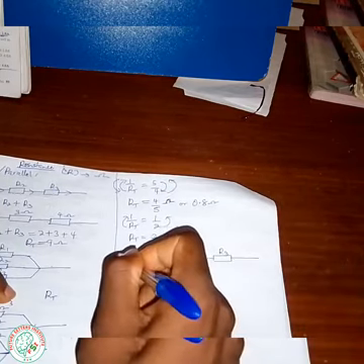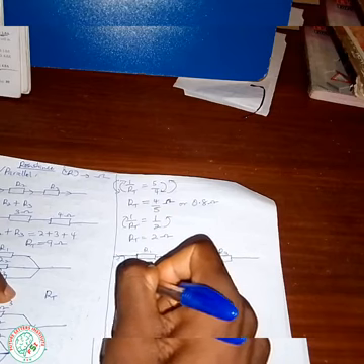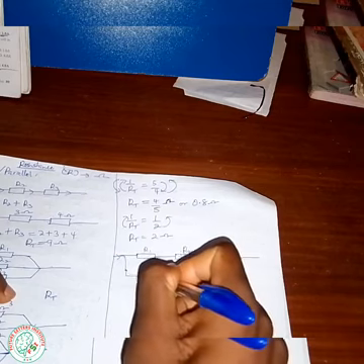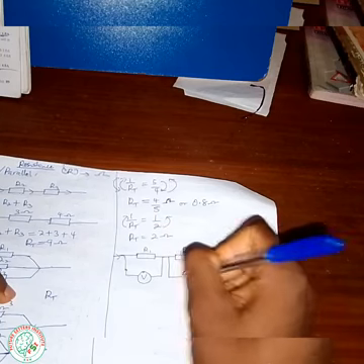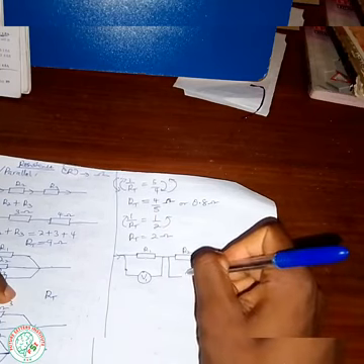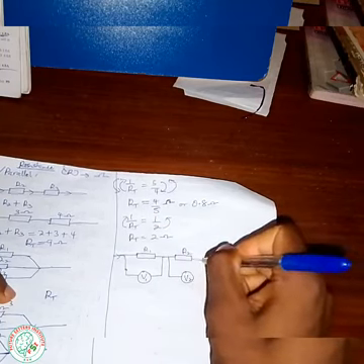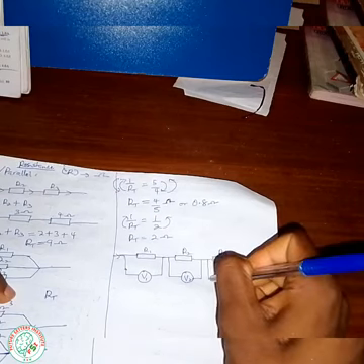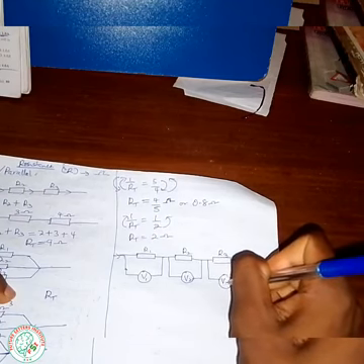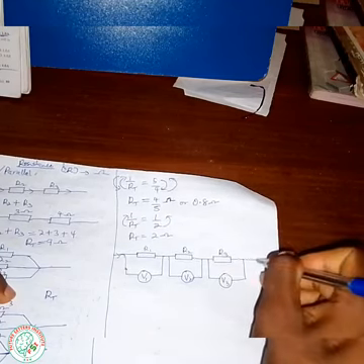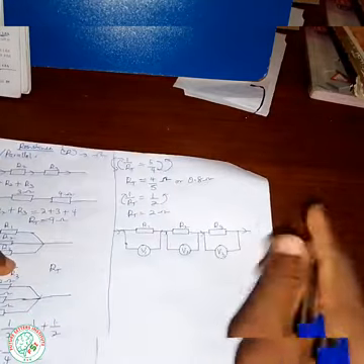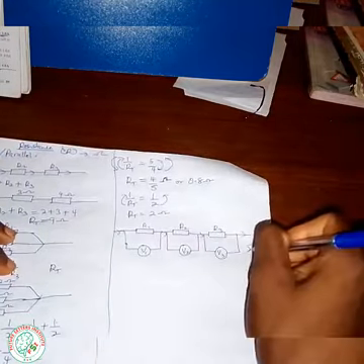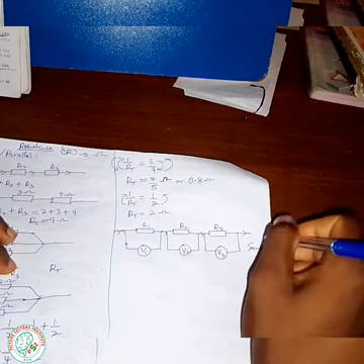Now, for this series connection, we're going to connect a voltmeter here, V. I'm going to connect another voltmeter here, this is V1, another voltmeter here, V2, then another voltmeter here, V3. So now this is what we are having for series connection.